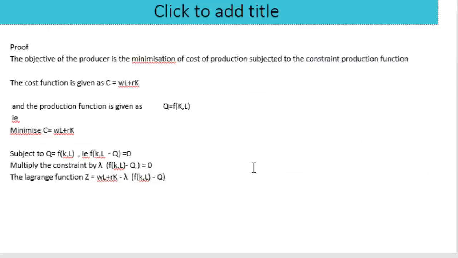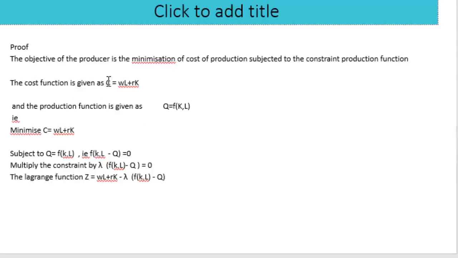The objective of the producer is minimization of cost of production subject to the constraint of the production function. Here, the objective function is minimization of cost. The constraint is given in the form of the production function.